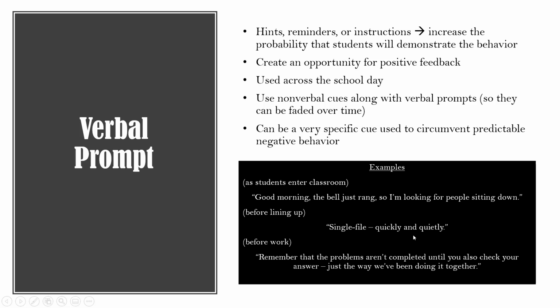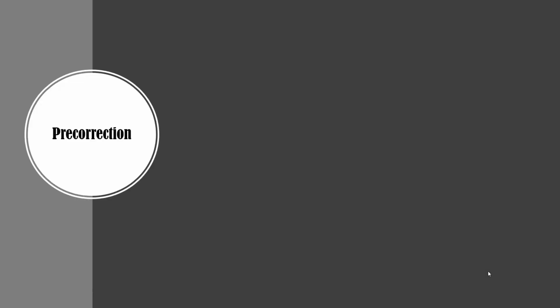That prompts them that they're supposed to line up quickly and quietly. And then maybe before they're supposed to do their work, remember that the problems aren't completed until you also check your answer, the way that we've been doing it together. So just kind of prompting them in the correct behavior, and when they do it, making sure that you're reinforcing that. And then, like I said, as the semester goes on or the school year goes on, you would want to fade out those verbal prompts.